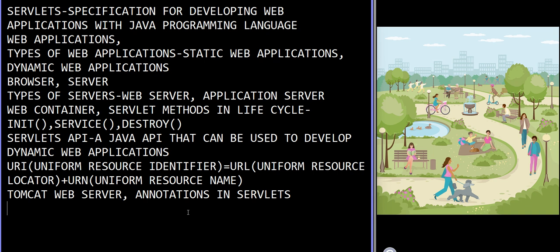Then we have concepts like MIME. MIME is nothing but multi-purpose internet mail extensions. We have different types of MIME like text/html. Here we can take HTML as a MIME.